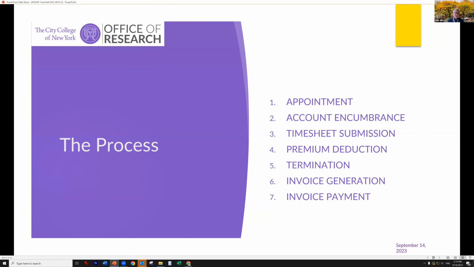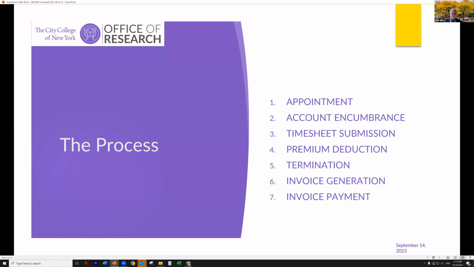So the process obviously involves many steps. First of all, you need to put the student onto the program, onto the non-teaching agents. And during the process, obviously, that cost will have to be encumbered somewhere because eventually this cost has to be reimbursed back to the college.